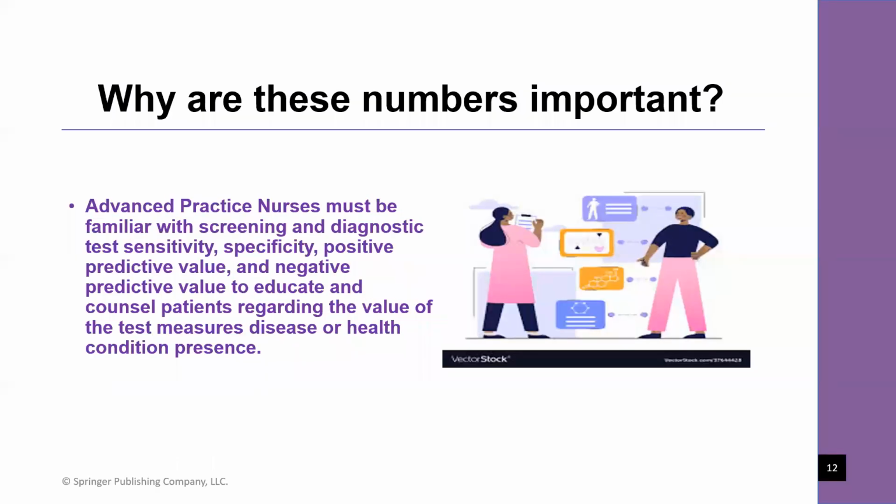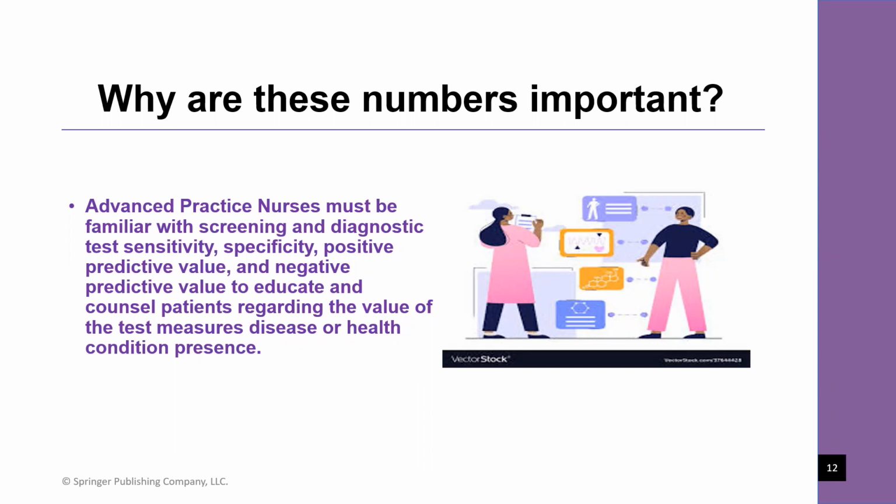So why are all these numbers important? As advanced practice nurses, why do we have to be familiar with all these things? The biggest thing we need to understand about these screening tests is that we can talk to people about their diagnostic sensitivity, their specificity, their predictive values, so we can educate and counsel our patients regarding the value of the test or the measure to actually detect disease or a health condition.